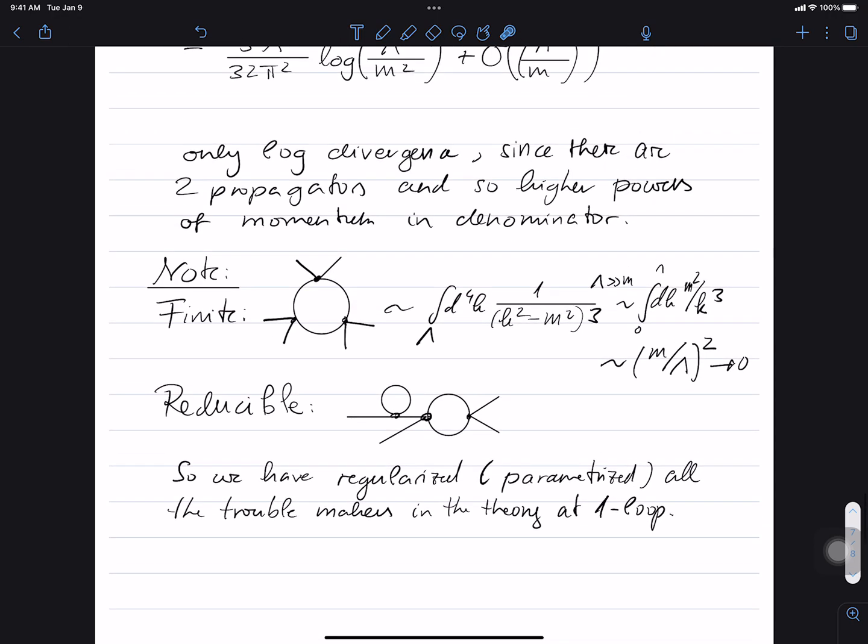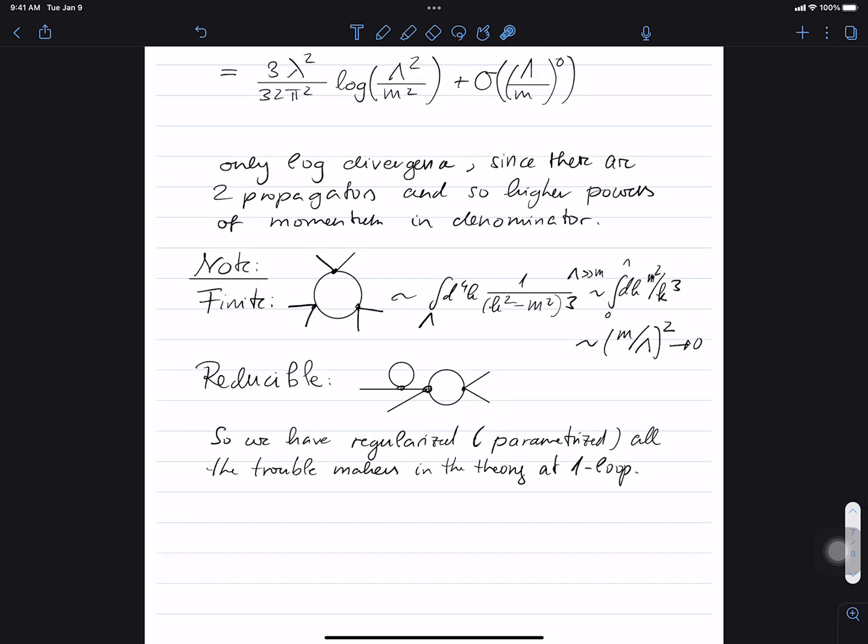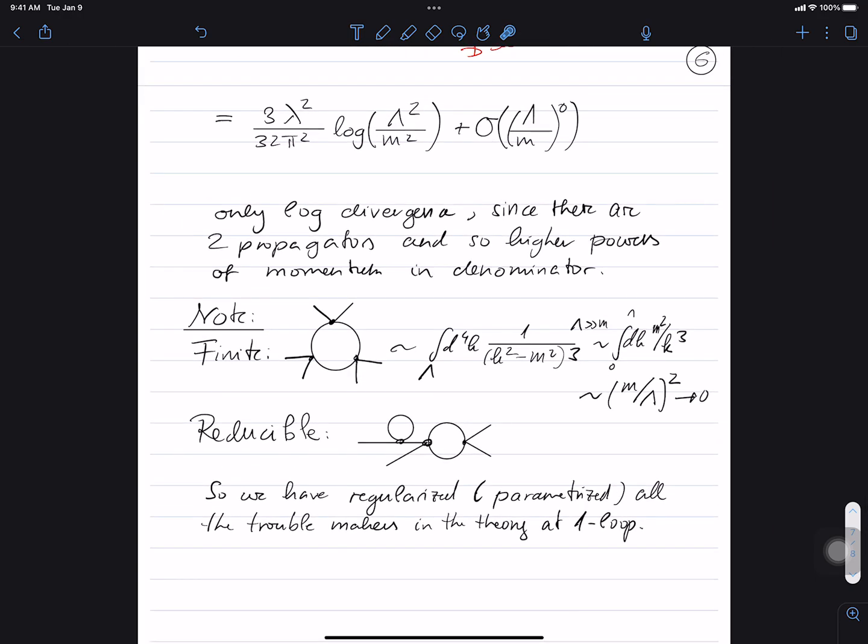Okay, that is all there is about regularization. There are different techniques of regularizing infinite integrals, but the main point is that by introducing this trick, we can make the expressions finite for a parameter that we take and control.